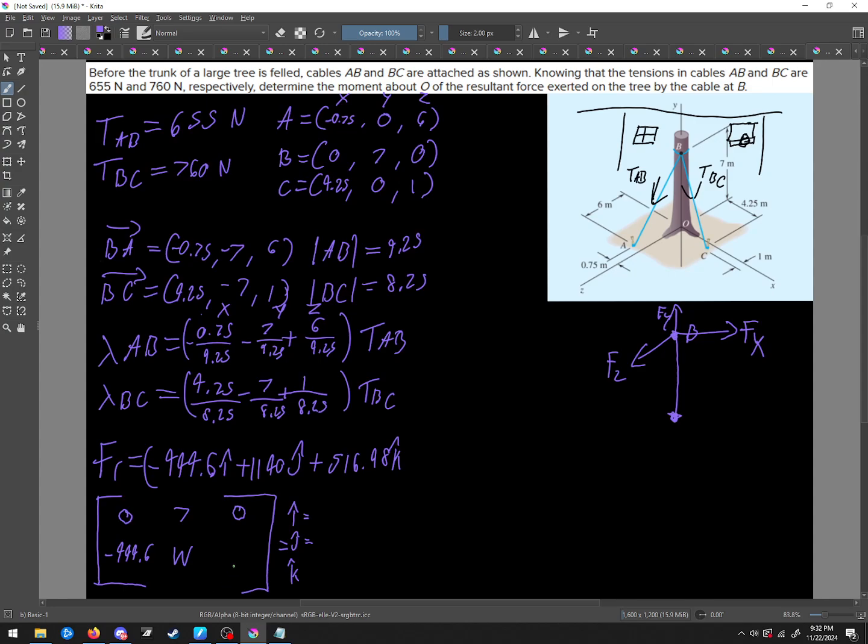Because it's going to be 0. No, wait, we might have to use it for other things. 1140. And then 516.98. Okay. With this, I hat, 7 times that minus, so I'm going to take this number and multiply it by 7. So that's giving me 3618.